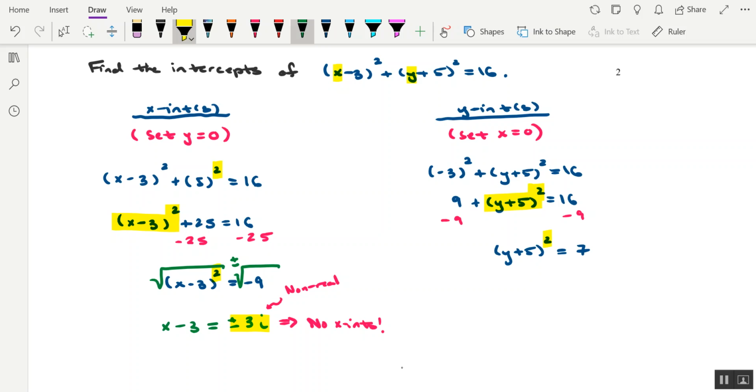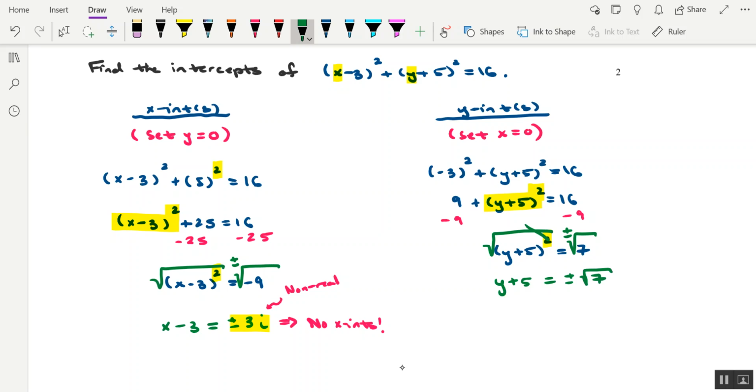Next, we'll get rid of the power of 2 by square rooting each side. Again, plus or minus on the right. Okay, these cancel. You have y + 5 equaling plus or minus the square root of 7. Now here, we don't have to worry about there being no y-intercepts.